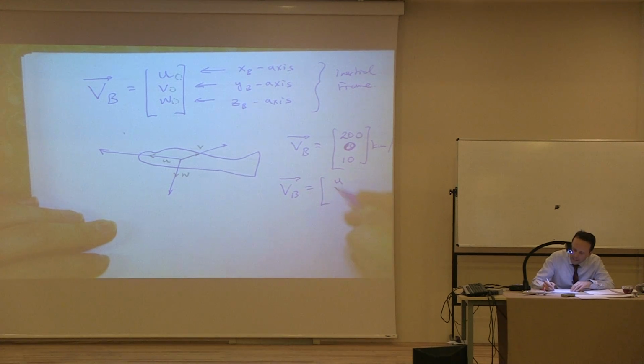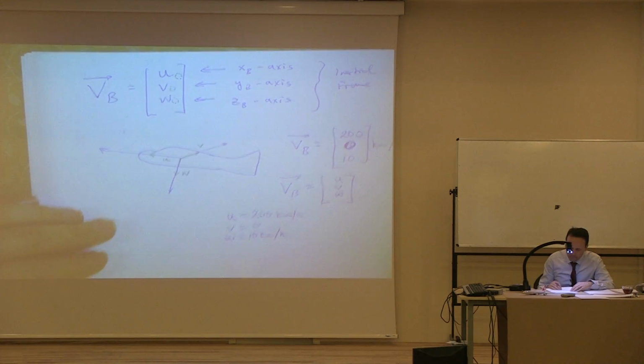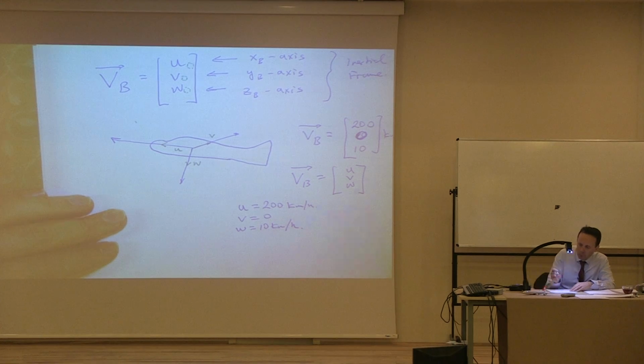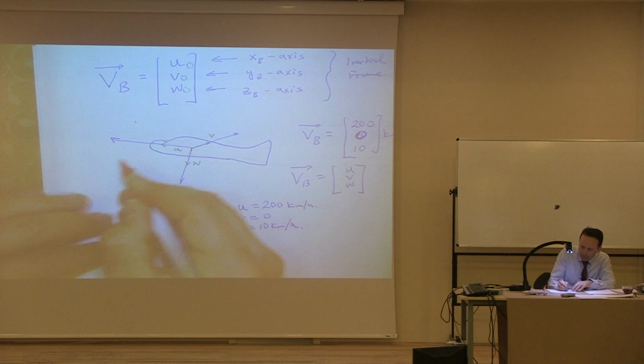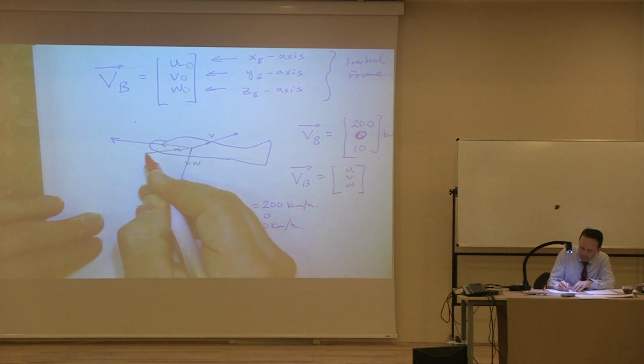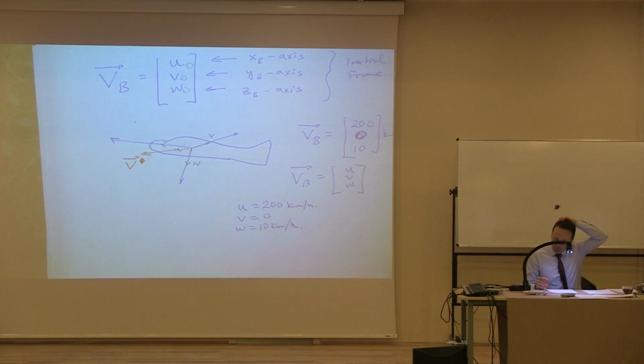And since it is like that, you could immediately say u is 200 kilometers per hour, v is 0, and w is 10 kilometers per hour. Okay? So which means you have 200 kilometers over here, 10 over here, so you add them together, this is kind of your velocity, as observed from Earth or inertial. In this case we just say it's inertial because it's empty.